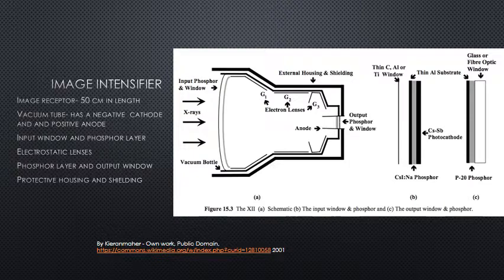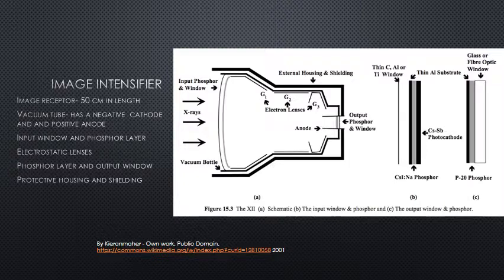Photopic vision is about 10 times better than scotopic vision in these areas. And image intensifiers themselves increase the brightness of the image 5 to 5,000 times through the light amplification process.